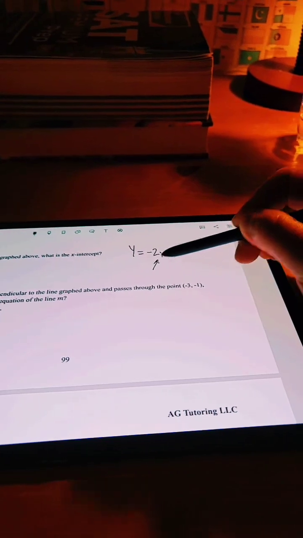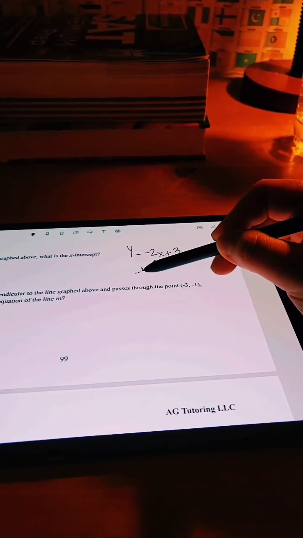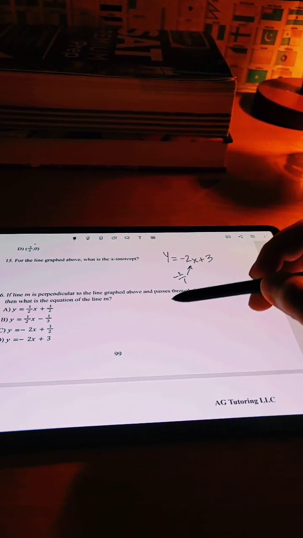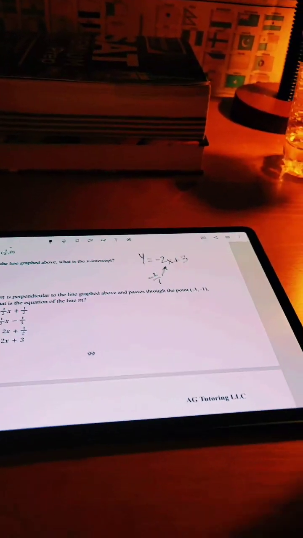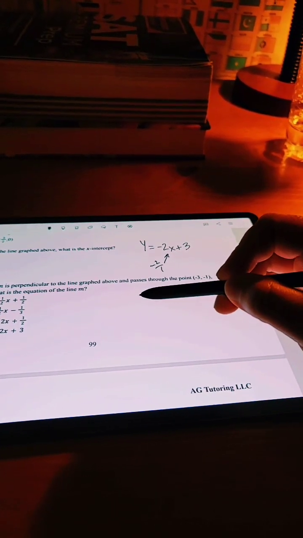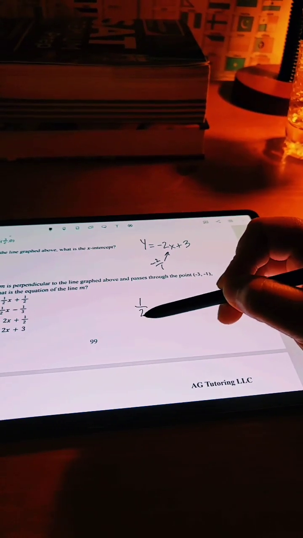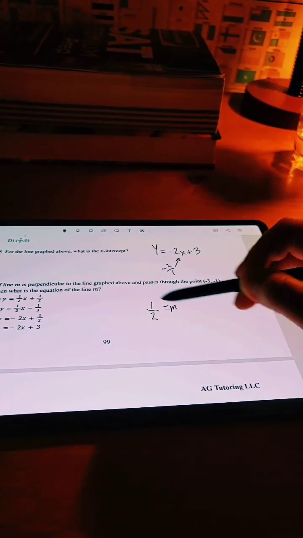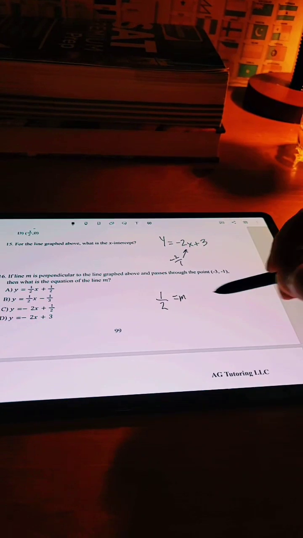The original slope is negative 2 over 1. We want the negative reciprocal, so change the sign and then take the reciprocal. This is now positive, and I flip it upside down to be 1/2. This is my new slope, my m for the line I'm interested in.